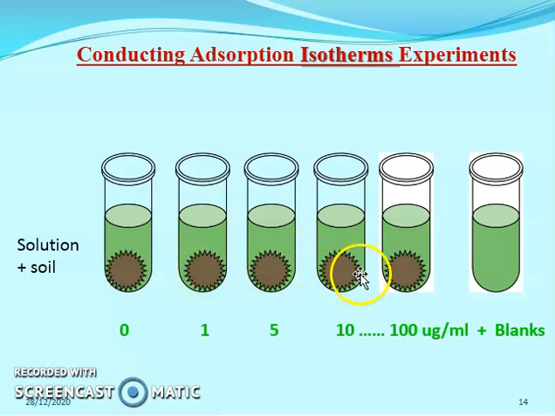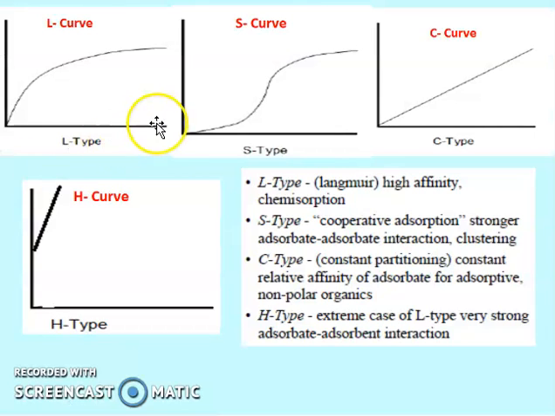When you increase the concentration of the contaminant, the ability of the adsorbent to adsorb more contaminant will decrease. Why? Because all sites are full with contaminant. So this is what the L shape describes: at low concentrations the affinity is high and then starts to become low.